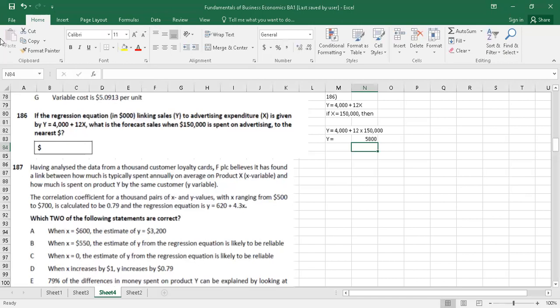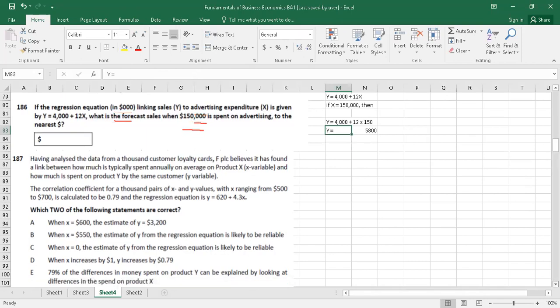The point here is that it is in thousands of dollars, so those three zeros should be cancelled off and we just substitute 150, because in 4,000 also three zeros are eliminated. So here also we should be eliminating three zeros. $187.